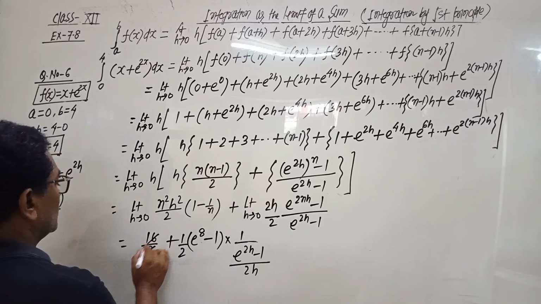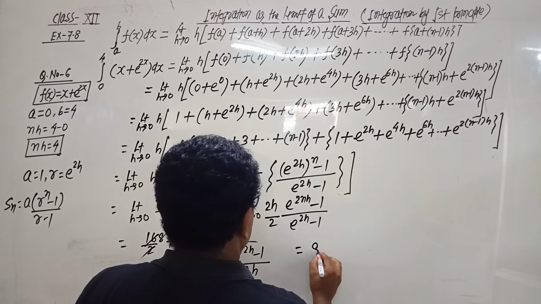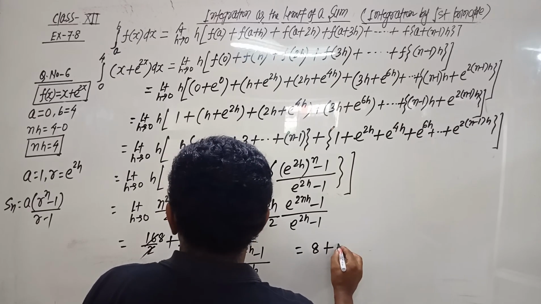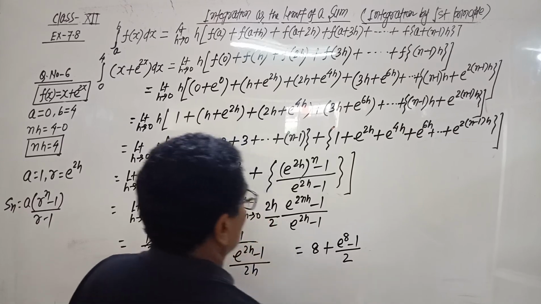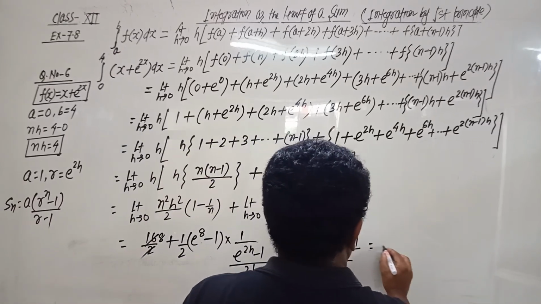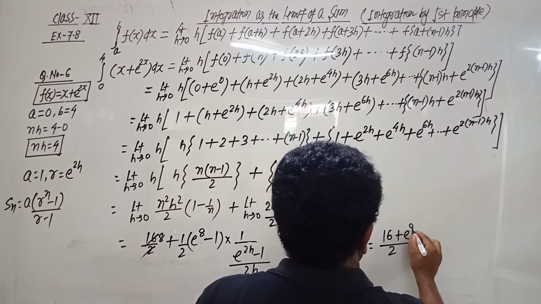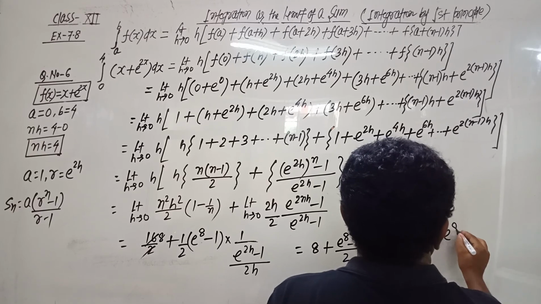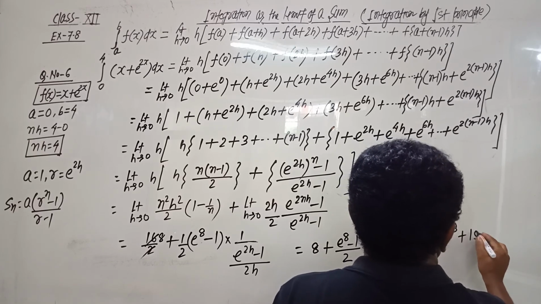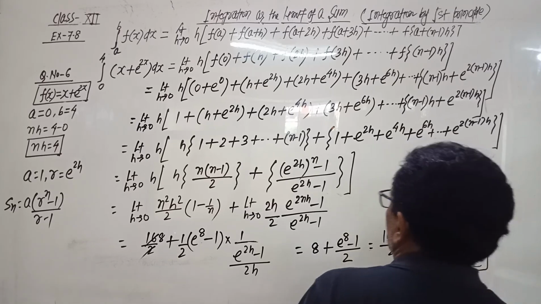So 16 by 2 gives 8. So we get 8 plus (e raised to the power 8 minus 1) upon 2. By taking LCM, it comes 16 plus e raised to the power 8 minus 1, and e raised to the power 8 plus 16 minus 1, 15, by 2. So this is the final result.